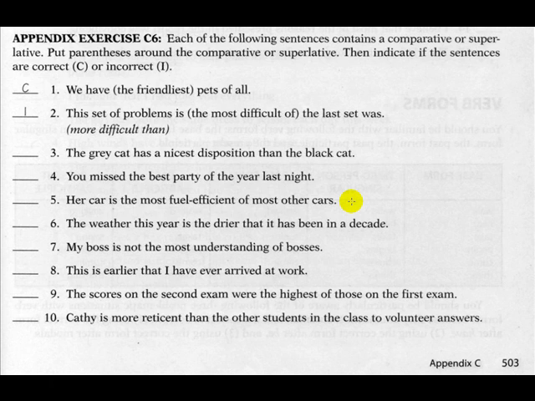No, we're not. What we're doing here is we're looking at and making a comparison with most of the cars or all the cars, okay? So, is that correct or not? The car is the most efficient of most other cars. Okay, let's take a look at the table and see if we can figure that out.